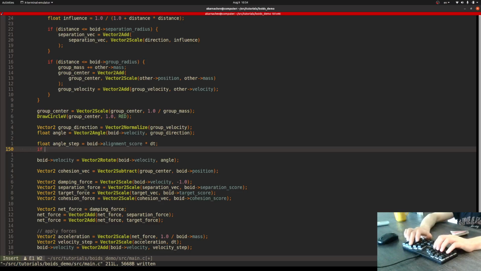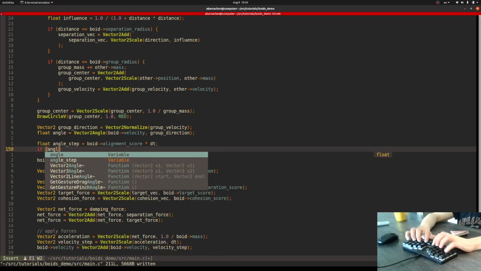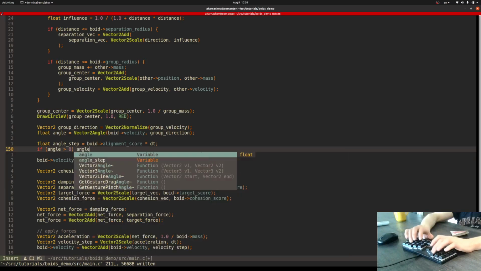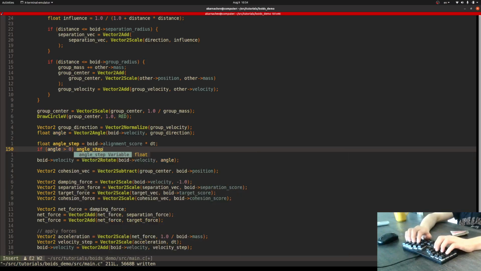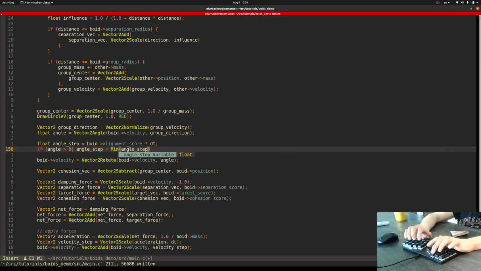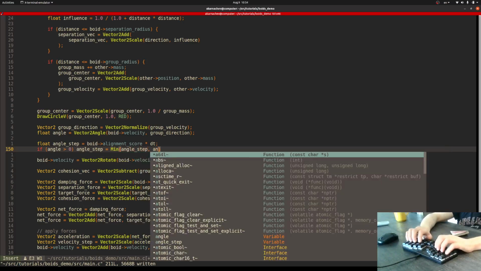So let's say if angle itself is greater than 0, I say that angle step is equal to the minimum value between angle step and angle itself.